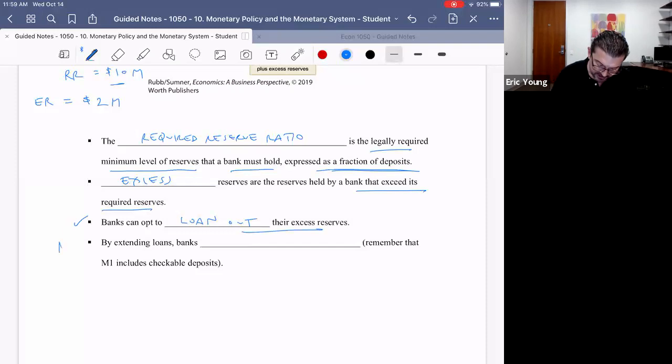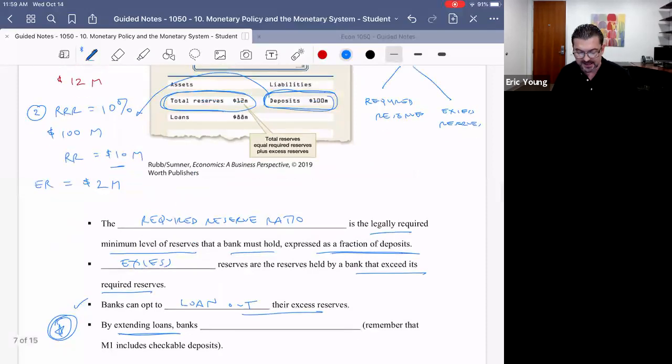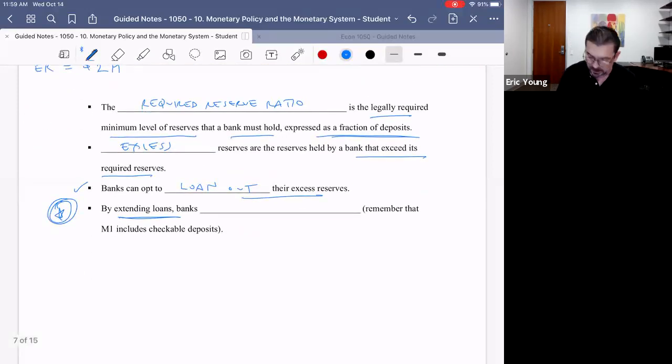And this, my friends, is the ultimate takeaway, the ultimate mysterious, magical thing in monetary policy. When a bank makes a loan, when a bank takes some of that excess reserves and decides to lend it out, banks create money.